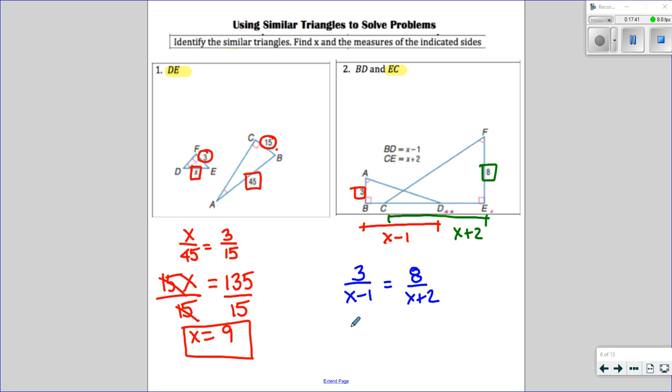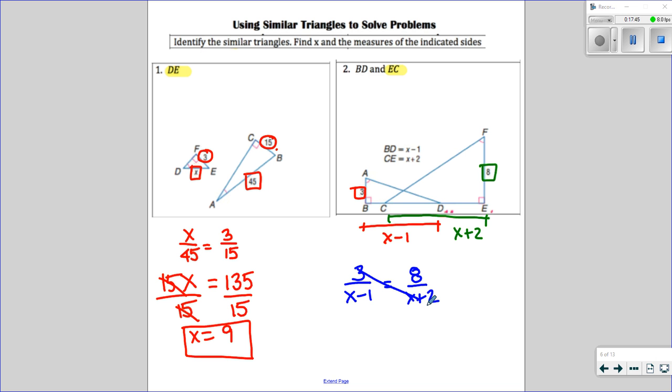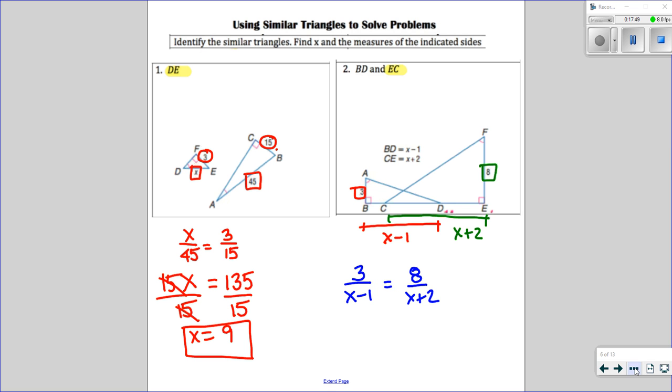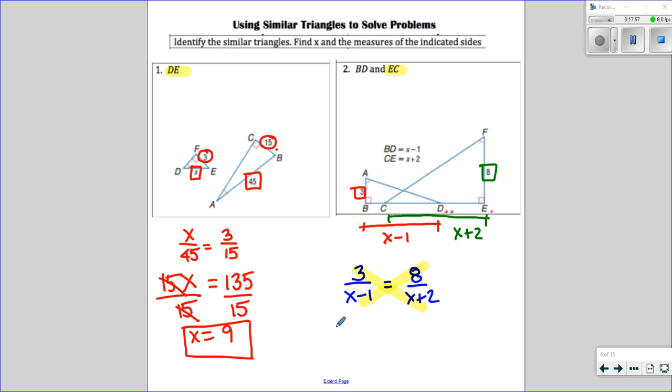And then I'm going to cross multiply. Let me use the highlighter. Make sure I clicked on it. Cross multiply. Alright, so 3 times x plus 2 in parentheses, and 8 times x minus 1 in parentheses.